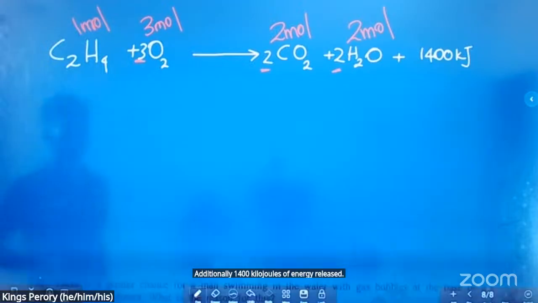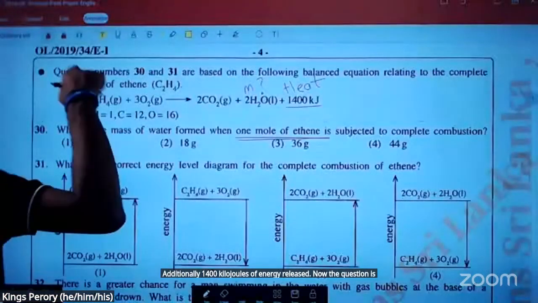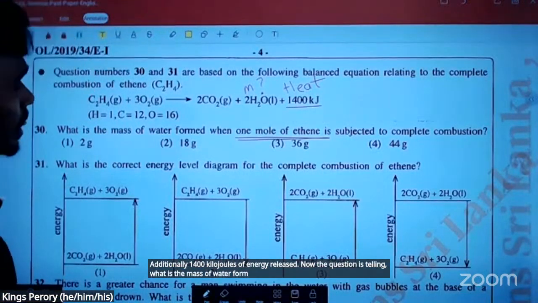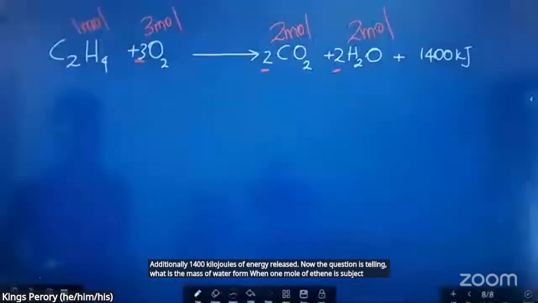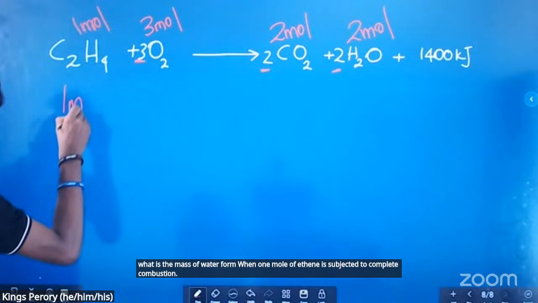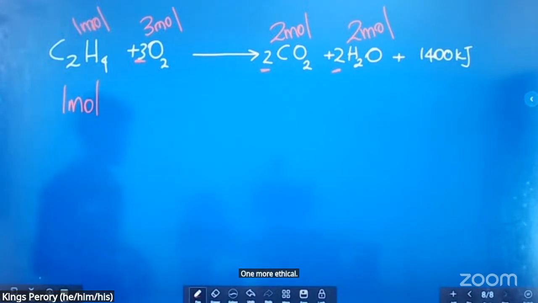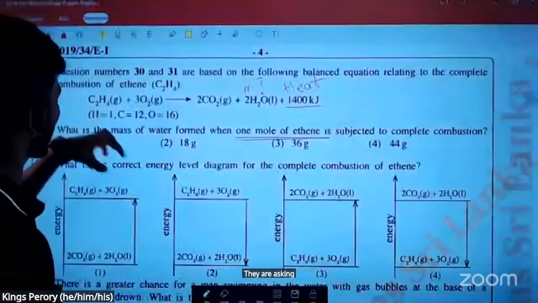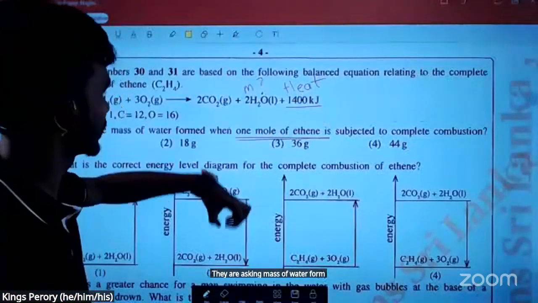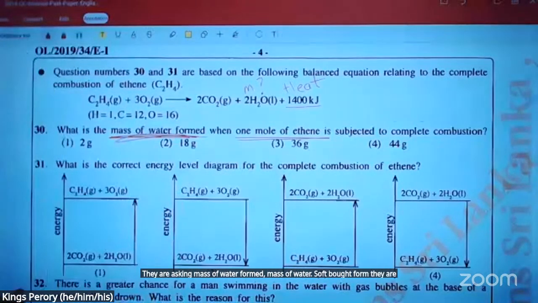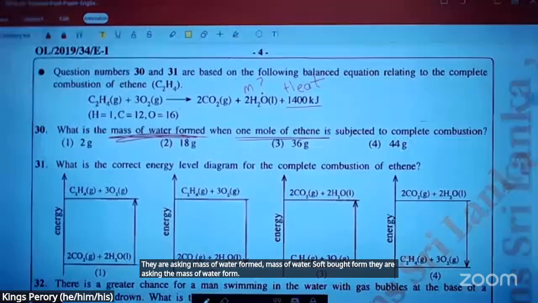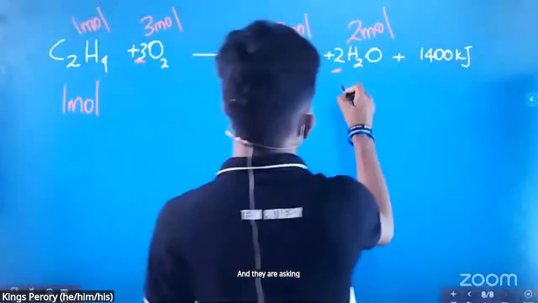Now the question is asking, what is the mass of water formed when 1 mole of ethene undergoes complete combustion? They are asking the mass of water formed.